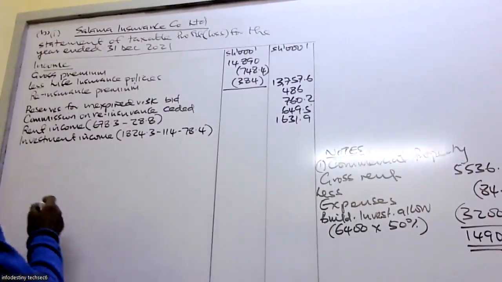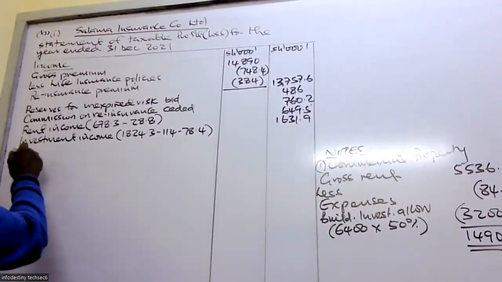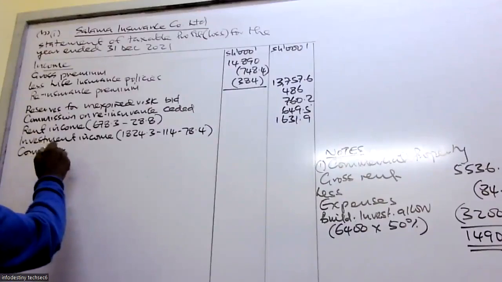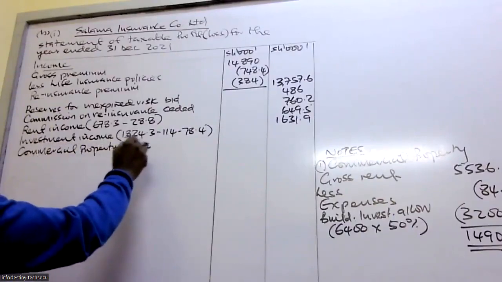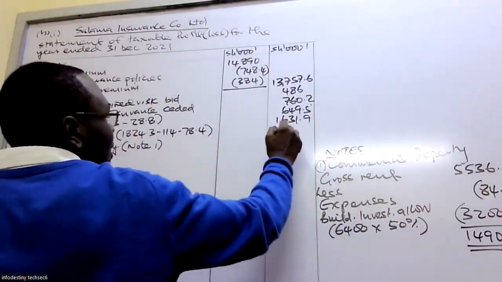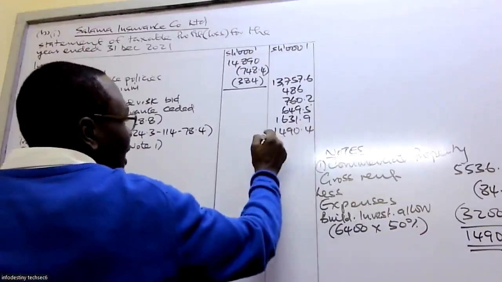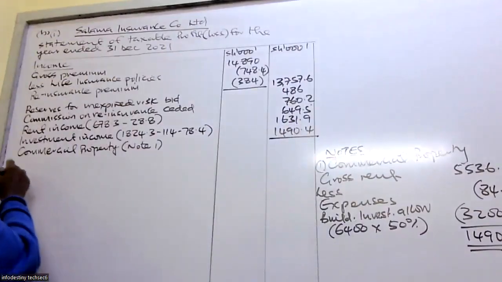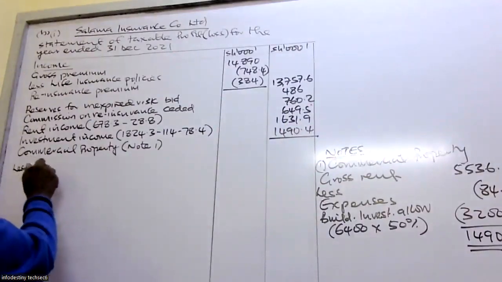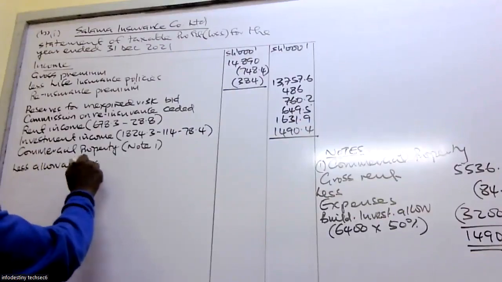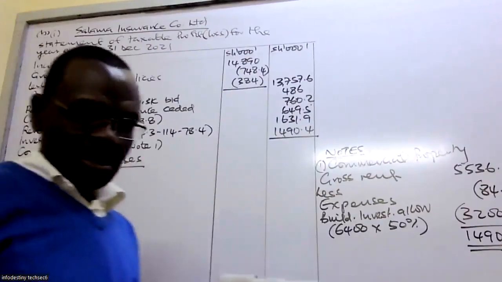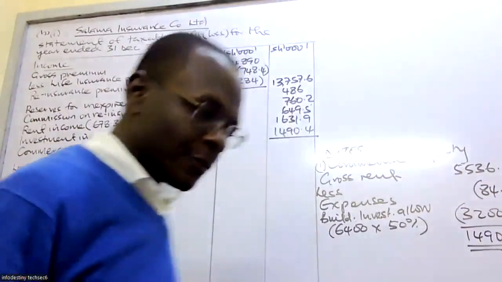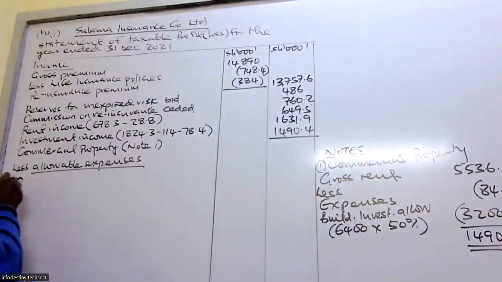So we say commercial property, 1490.4. So you add that, then you lessen allowed expenses. The main expense is claims. So you first look for claims. So we start from claims.